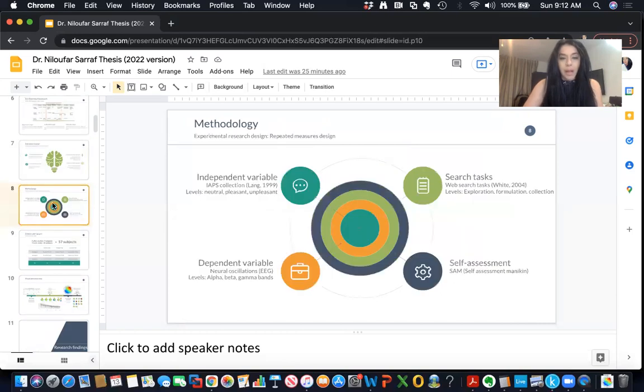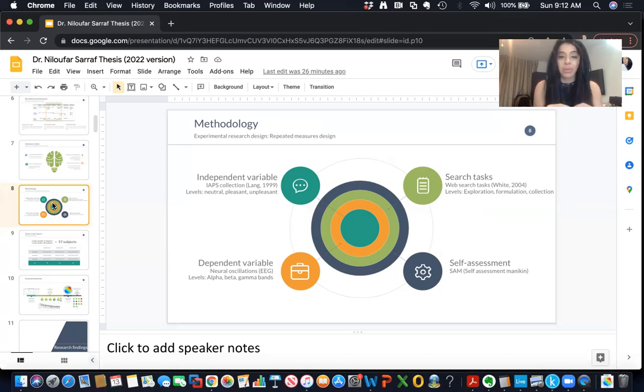Perfect. Now, the methodology of this research. The independent variable was the emotional state of the participants that I controlled and manipulated through the IAPS collection, which is a collection of pictures. I controlled their state by showing them neutral, pleasant versus unpleasant pictures.